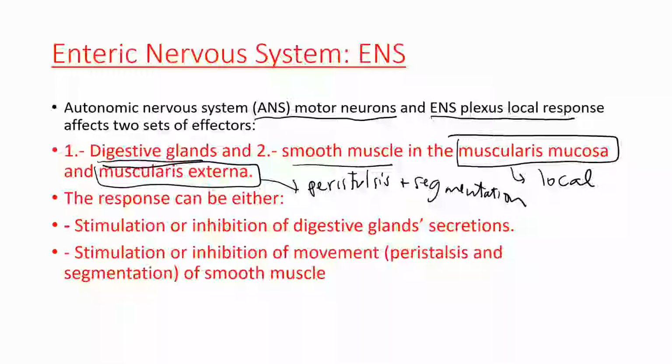The response can be either a stimulation or inhibition of digestive glands, or a stimulation or inhibition of movement of smooth muscle. And I should say and/or, because both could happen at the same time, or just one of those two effects can happen.